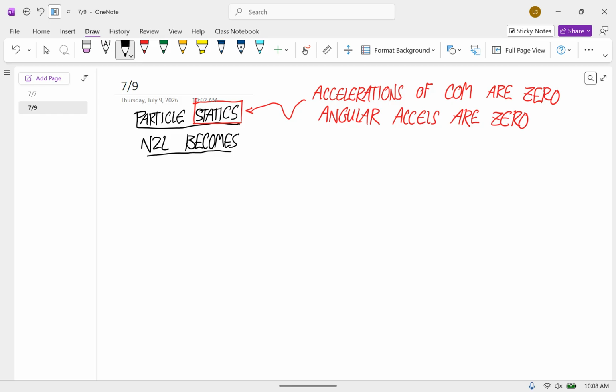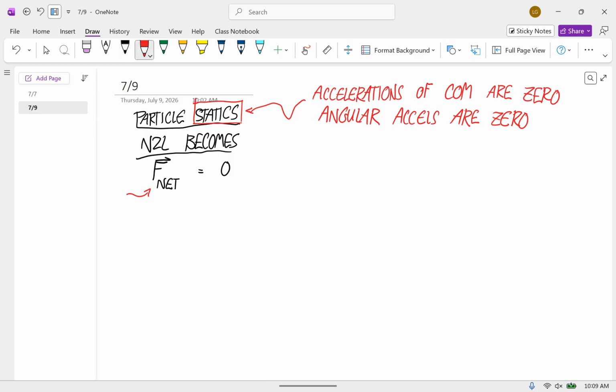that Newton's second law, N2L, just becomes: add up all the forces on a body, they have to equal zero. If they're not equal to zero, there's going to be acceleration. So this is what we're going to use over and over again.